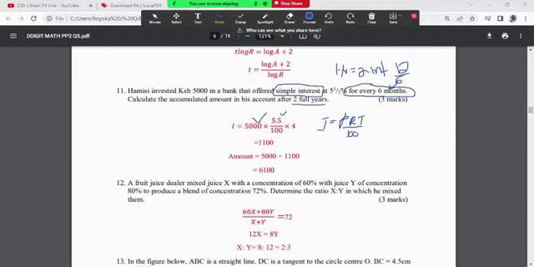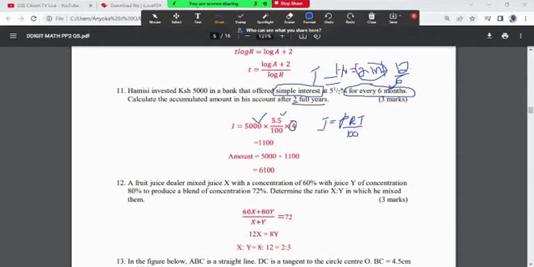So to find the number of interest periods, which would be our T, we convert the 1 year having 2 interest periods, times the 2 years. So we have 4 interest periods.